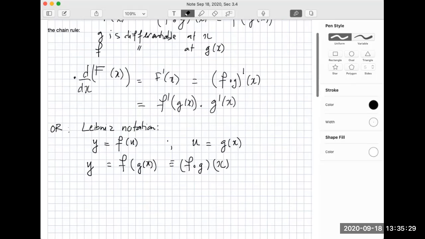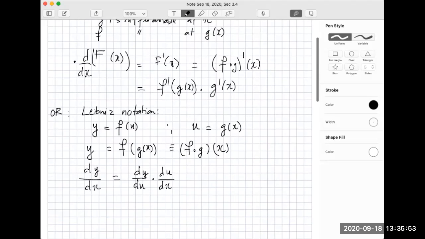So now, from this notation, dy over dx, which is the derivative of y with respect to x, will be the derivative with respect to u, dy over du, times du over dx. It is easier to memorize, right? Somehow imagine du and du cancel each other. Imagine.